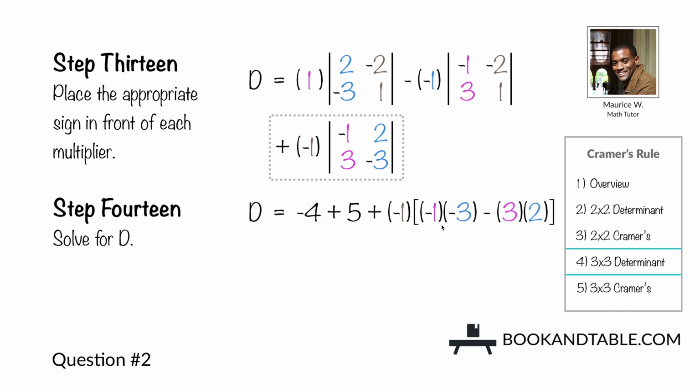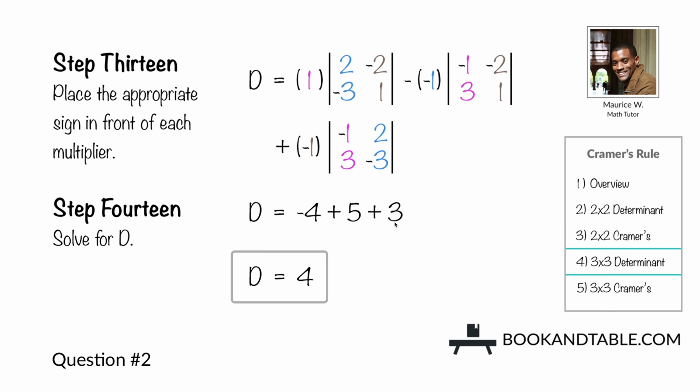So starting inside, we have -1 times -3, which is +3, minus 3 times 2, which is 6. 3 minus 6 is -3. -1 times -3 is +3. So we see D is equal to -4 plus 5, which is +1. 1 plus 3 shows us that D is equal to +4.